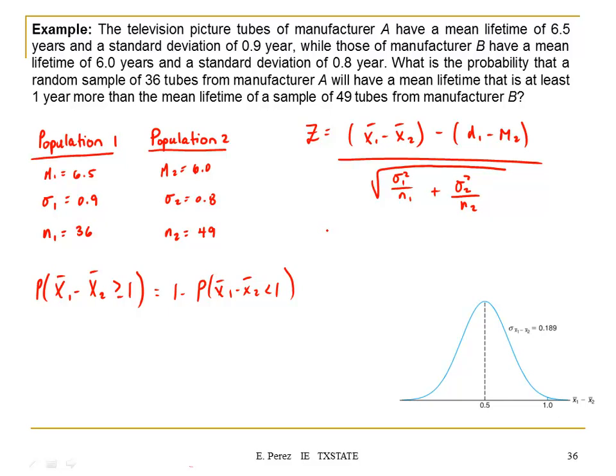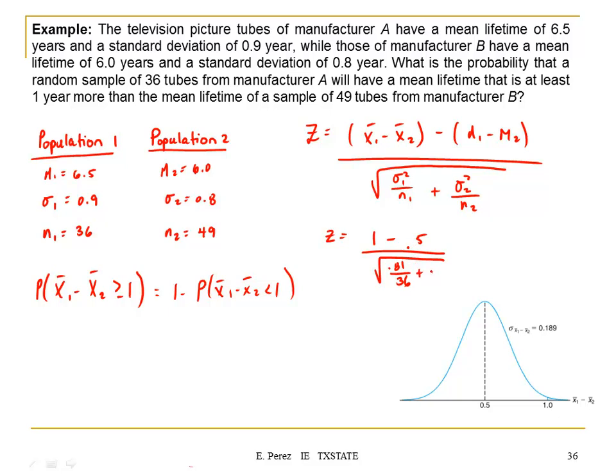So this is going to be z equals 1 minus 0.5 divided by the square root of 0.81 divided by 36, plus 0.64 divided by 49. You have a question over there? No?